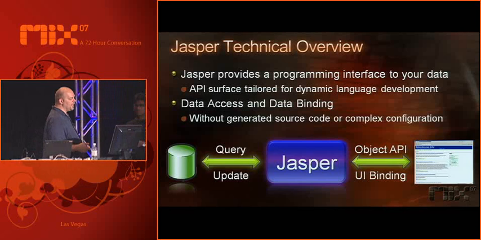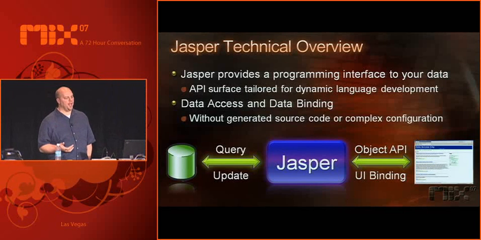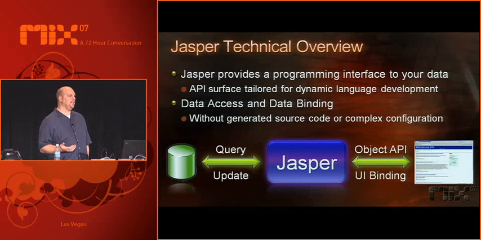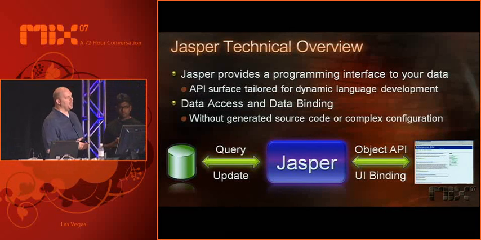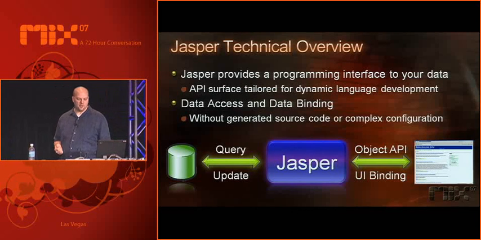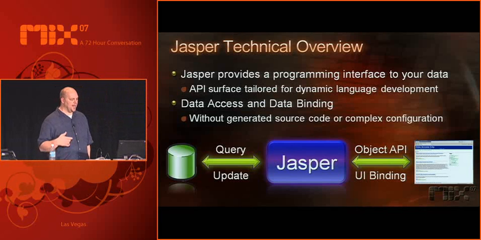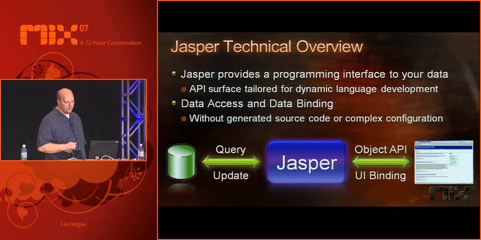It is about data access and data binding. What we didn't want to do is generate a lot of source code that you then had to maintain in parallel with the database schema that you're already maintaining. Again, that sort of duplication of locality of reference is what adds to the maintenance headache. It's what adds to the complex configuration. That's something we're trying to eliminate.